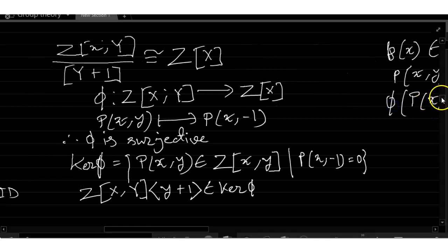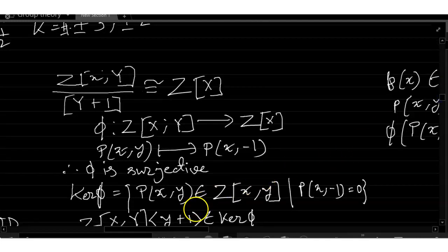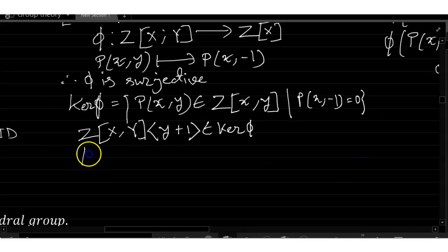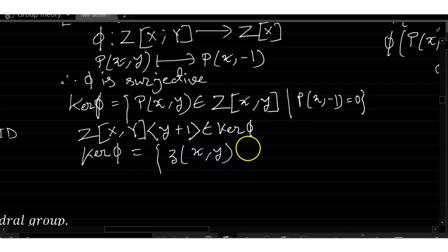So in here you get that it is an onto mapping, and kernel phi equals the ideal generated by y plus 1.